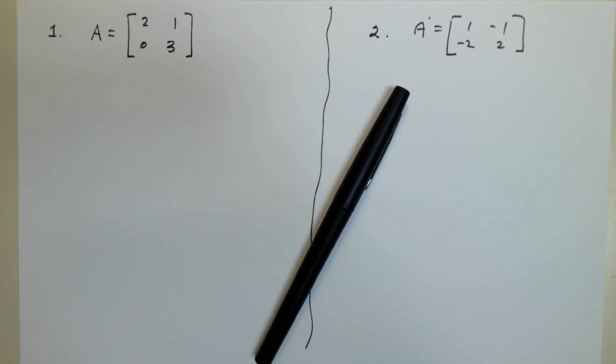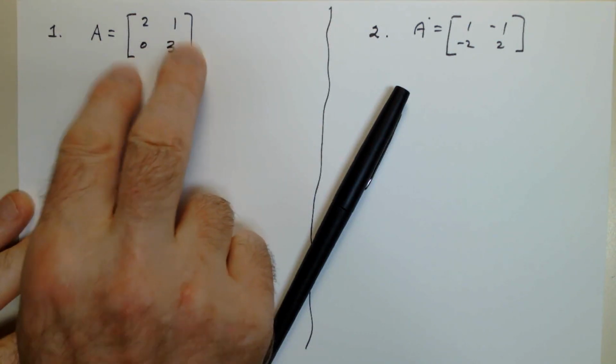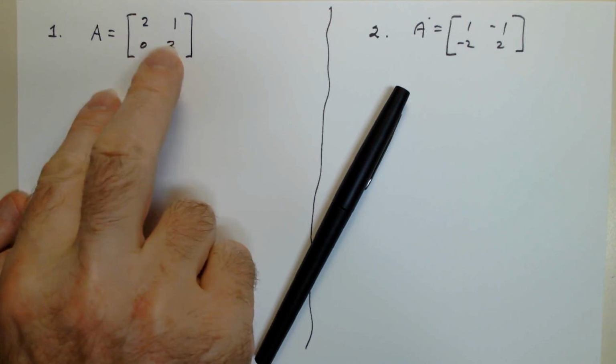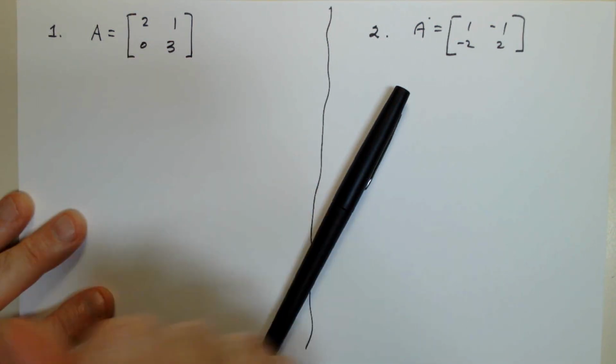All right, welcome to the document camera. In each case, we want to determine whether the matrix A is invertible, and if it is, find its inverse, or find an inverse. Now, what I'm going to do is work this problem first. I'm going to test to see whether I can find a matrix that will multiply on the right and produce an identity matrix.